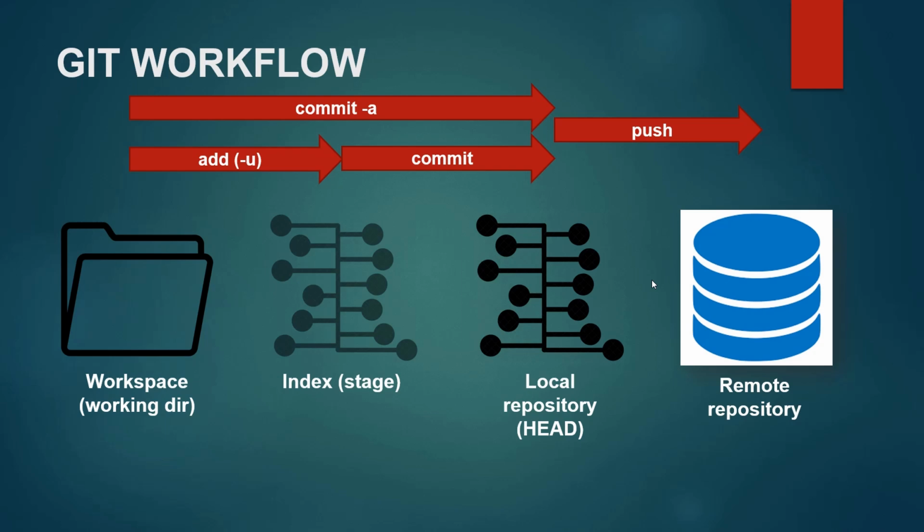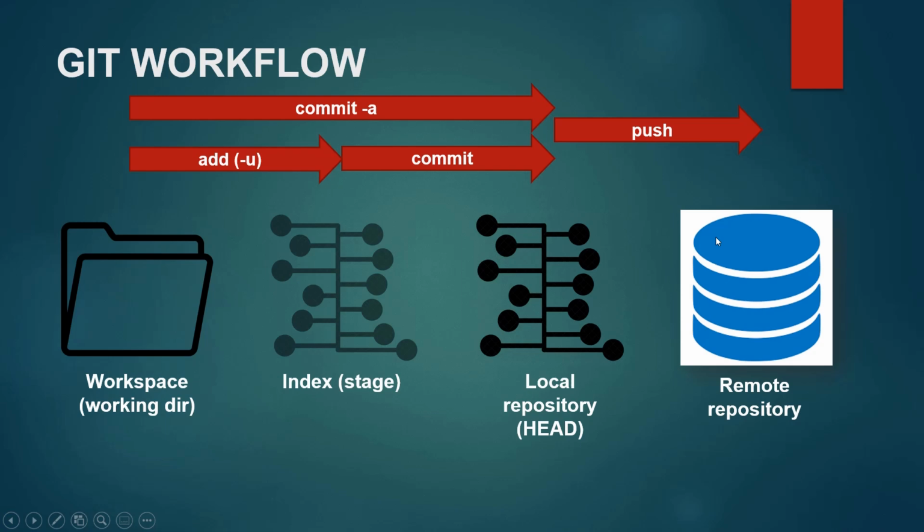And this is exactly what the git push command does. It pushes your changes that are in the local repository to the remote repository. So at this point, all of your changes will be visible to anyone who has access to that remote repository.